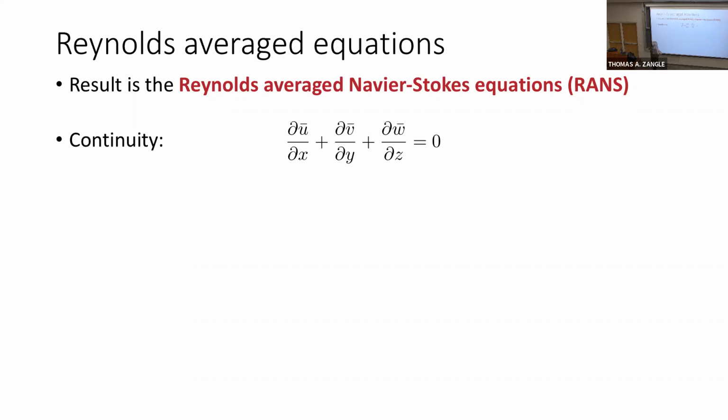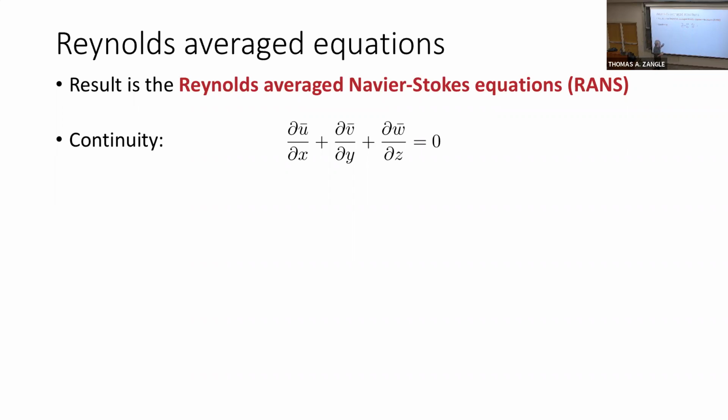We take that Reynolds averaging operator and apply it to all the variables, the velocities and pressures, within our Navier-Stokes equations. We're not going to go through that derivation here, but we'll look at the resulting equations. For continuity, we end up with this expression: du bar/dx plus dv bar/dy plus dw bar/dz equals 0.